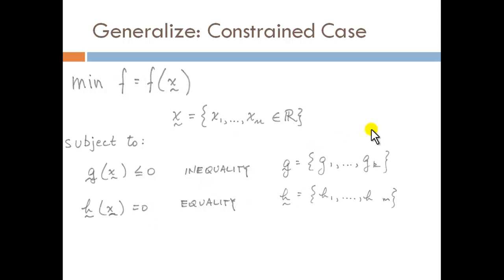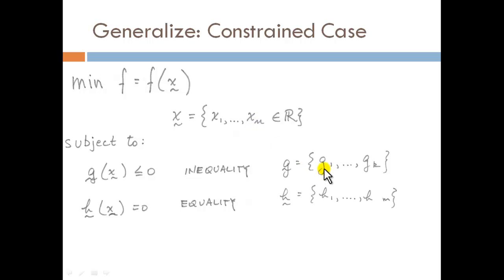I want you to look at this g vector, which is just a vector of the different constraints that may exist. The number of constraints has nothing to do with the number of variables, and these functions themselves don't necessarily require each one of the variables.